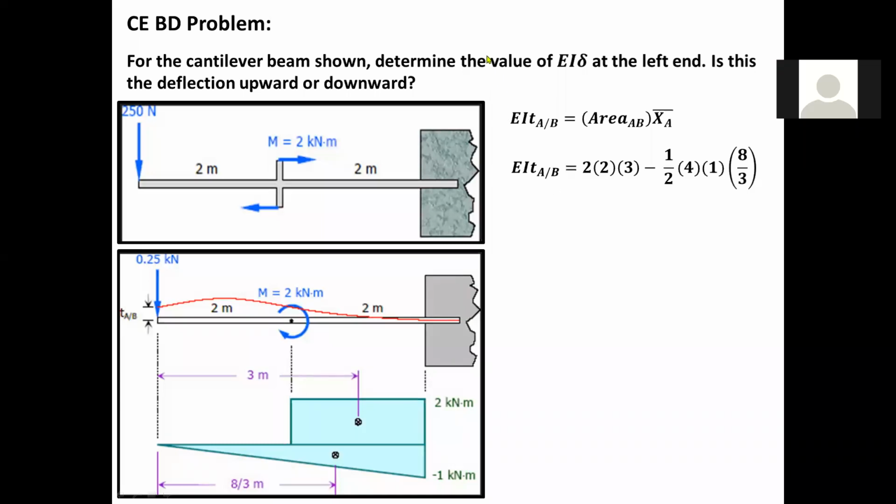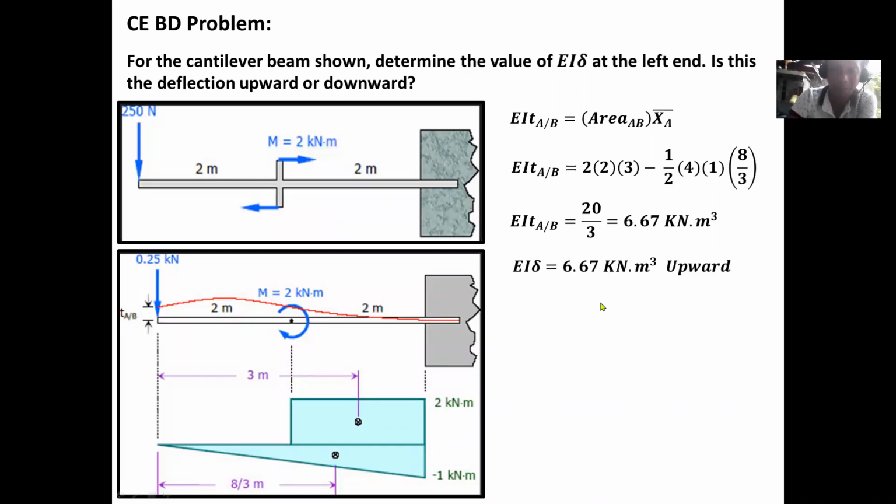Since nakadrawing na yung moment diagram by parts, i-plus ko na lang yung computation. And the value for our EI deflection is 6.67 kilonewton per cubic meter.